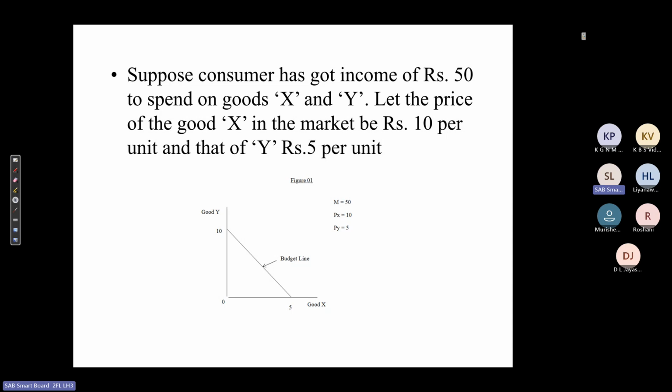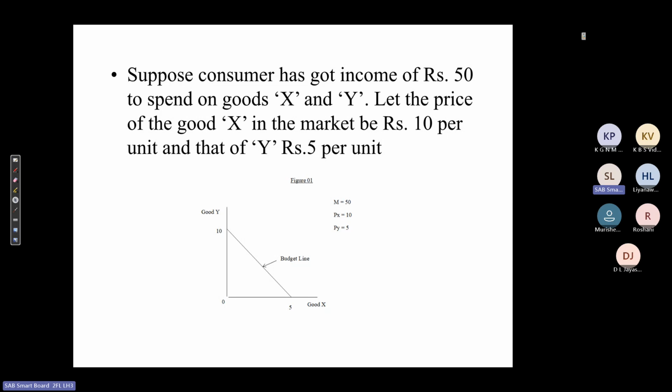Now the slope is given by 10 divided by 5. What is the slope of this line? This change divided by this change, 10 divided by 5, that is 2. The slope of the budget line is 2. That means the price ratio is 2.